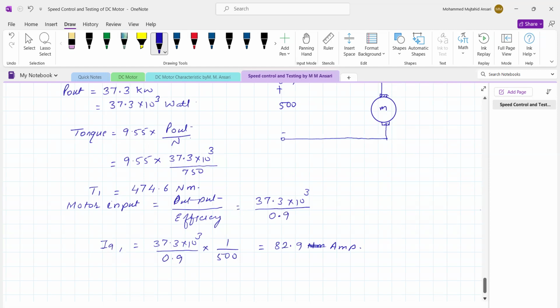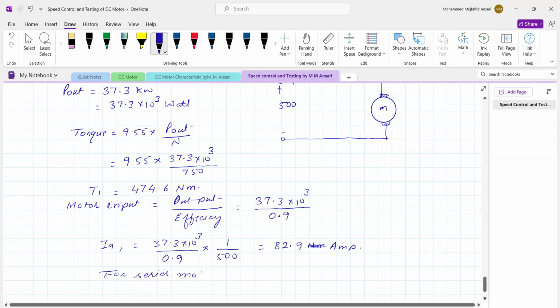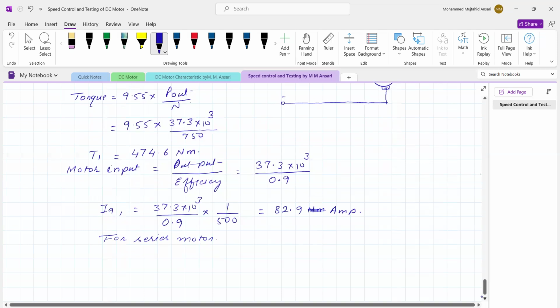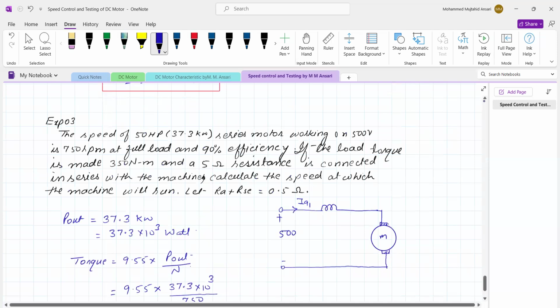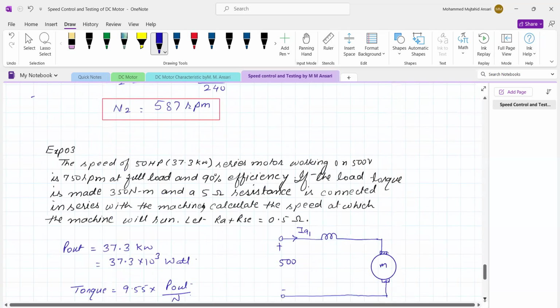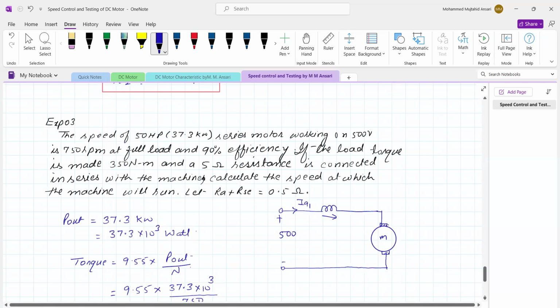Now for the series motor, torque is directly proportional to flux into armature current. As the flux is directly proportional to the armature current, since in the case of a series motor, armature current and series field current are the same.